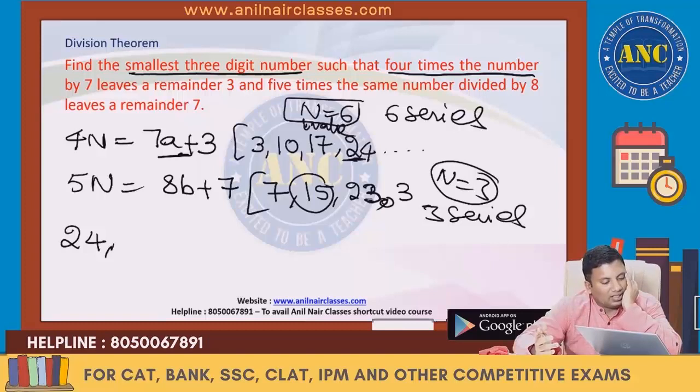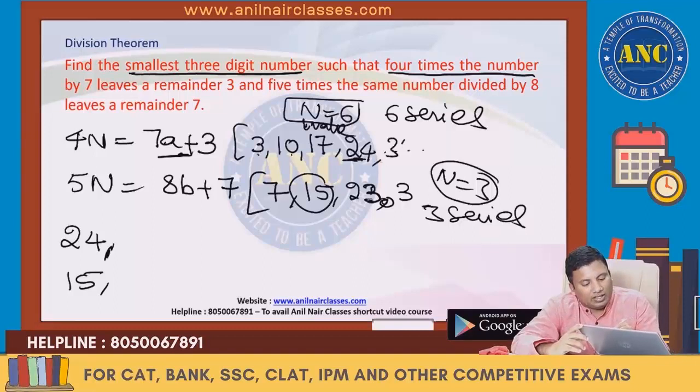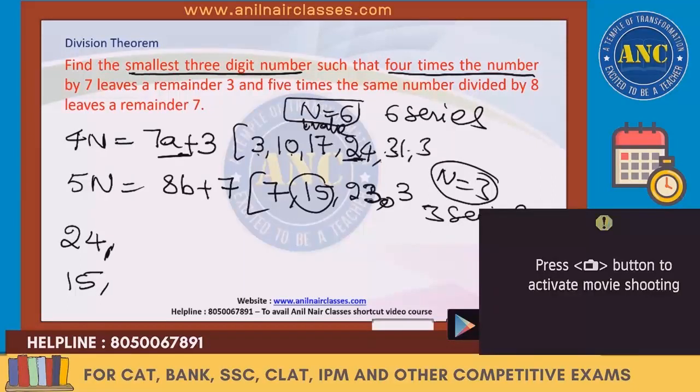What is the next value that I will get? Here the lowest value is 15. Let me do the next value, then I will tell you how directly you can do it. 3 is the lowest value, plus 7, plus 7, plus 7. Next one, plus 7, 31. Plus 7, 38. Plus 7, 45. Plus 7, 52.